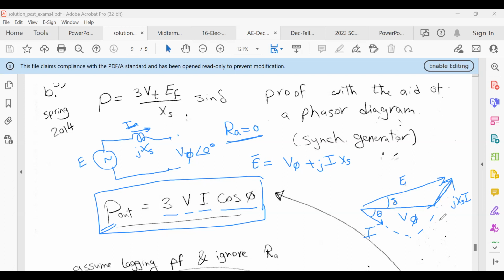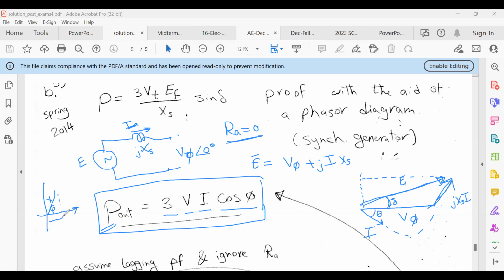Why am I using this? From this, we have this is E, and this angle is delta. Let's try to explain something if you have X and the angle phi.